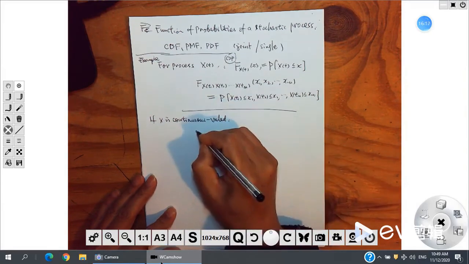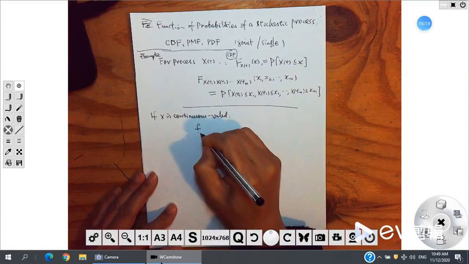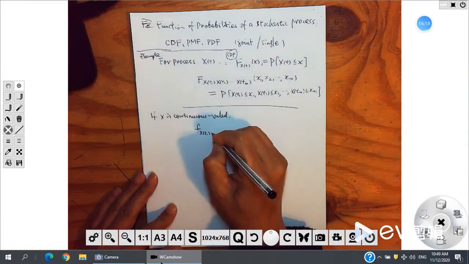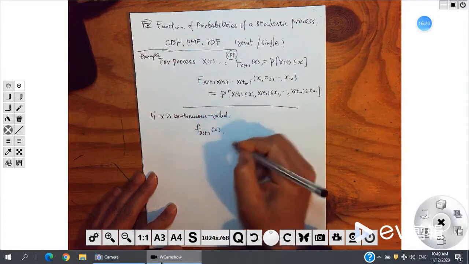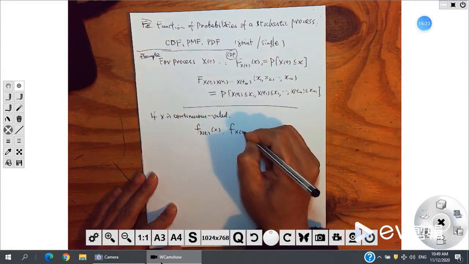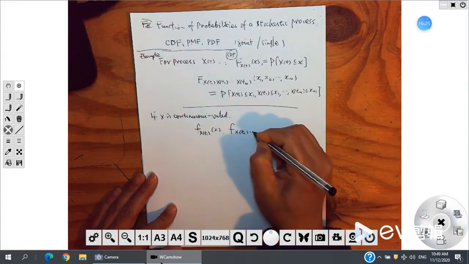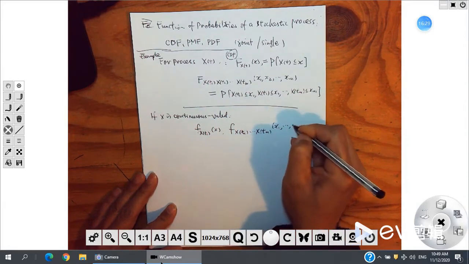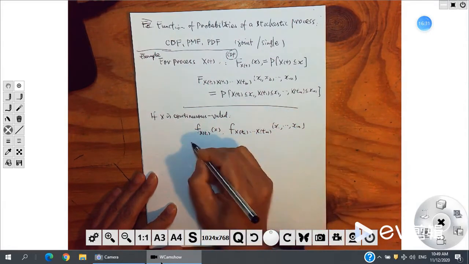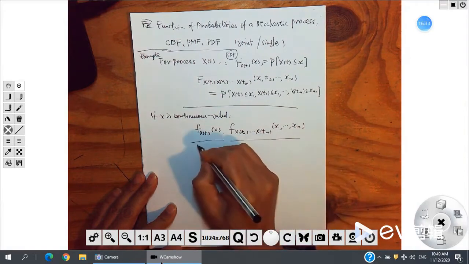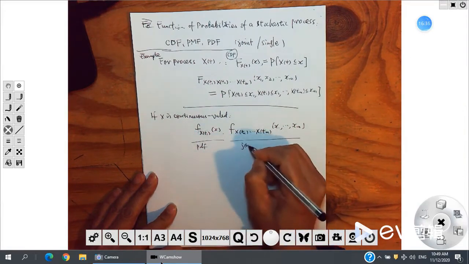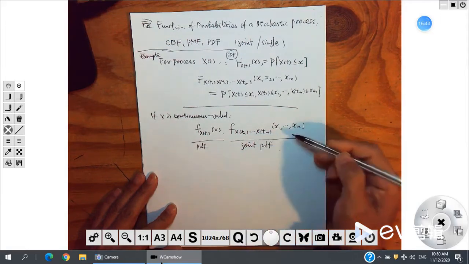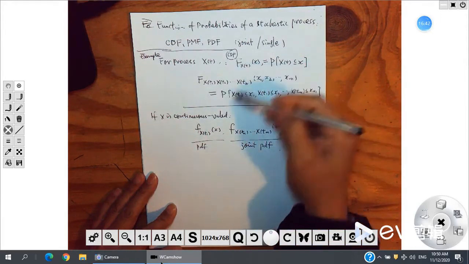Then you can have the density function, the PDF, and the joint PDF of x1 to xm. You can take the derivative of the CDF to get this PDF.